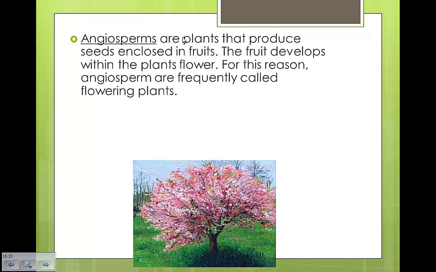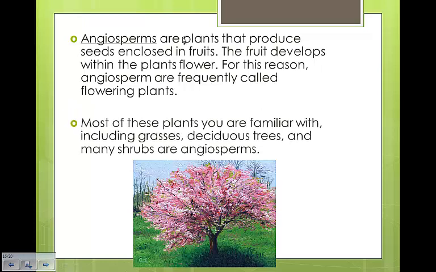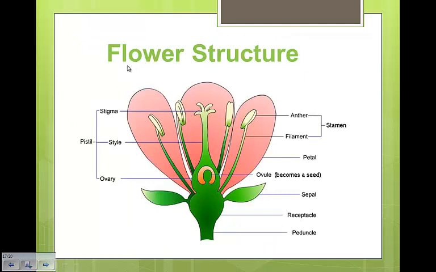The ones you're most familiar with are grasses, deciduous trees, and shrubs. These are all angiosperms, like this apple tree here. We're going to study the structure of the flower in some detail in a lab in class, so keep this in mind and go back and reference it.